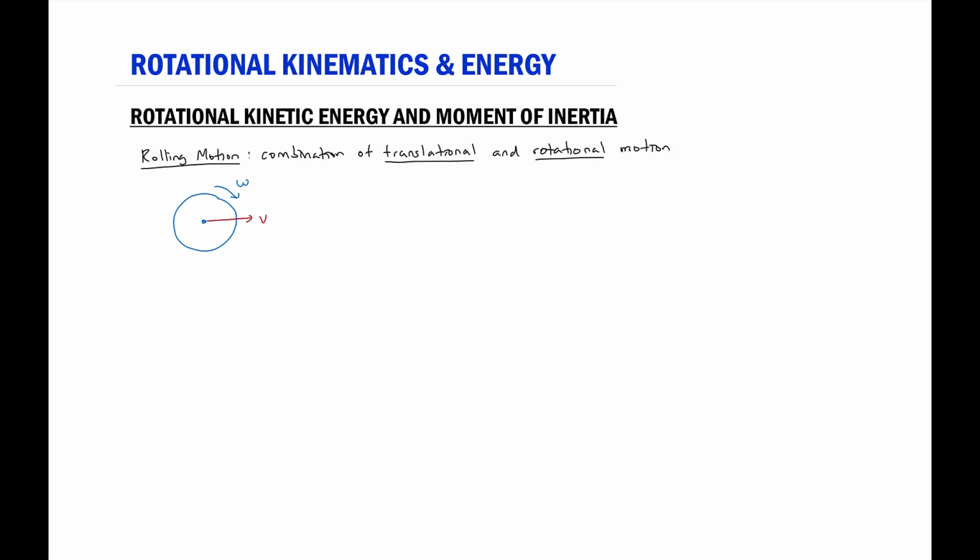So we already know that translational kinetic energy is given by 1/2 mv squared, so that's familiar to us from the linear world. We're going to call this KET, so we know that it's translational kinetic energy.